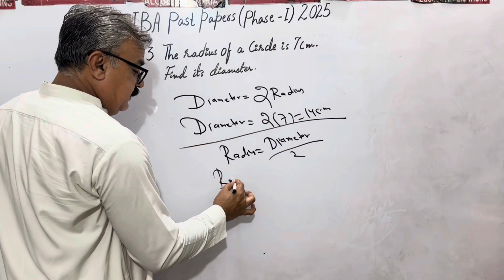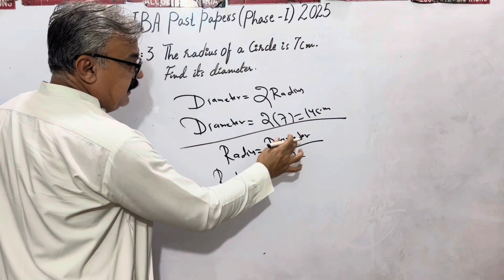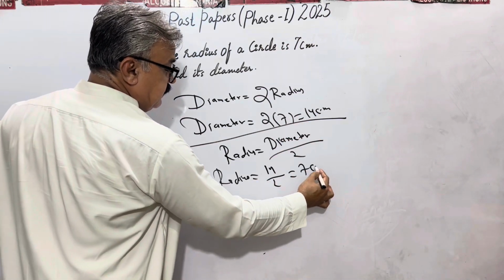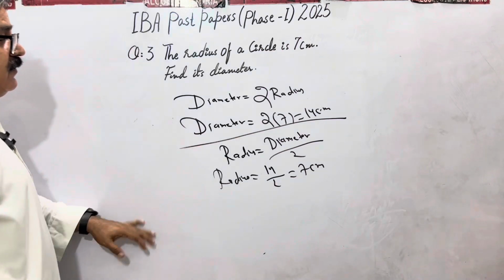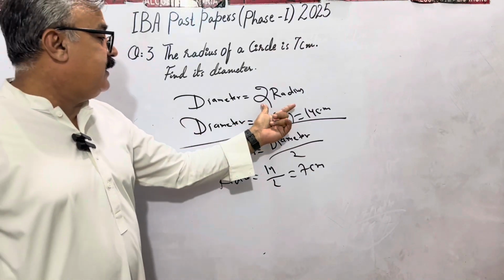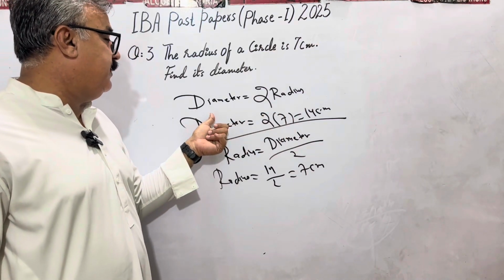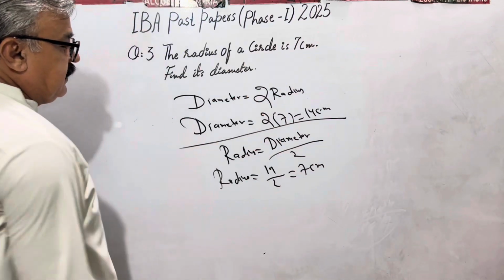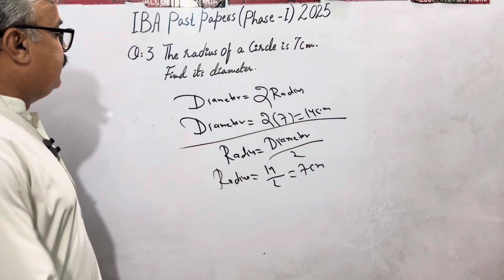So radius is equal to half of the diameter. Here the diameter is 14. 14 divided by 2 is again 7 centimeters. That is some sort of verification for you. Double the radius is equal to diameter. Half the diameter is equal to radius.